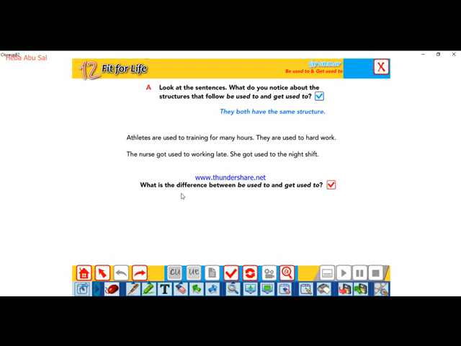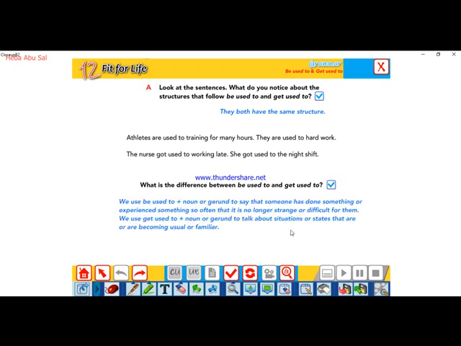Like, what about the meaning? So what is the difference between be used to and get used to? Let's see. Be used to is used to say that someone has done something or experienced something so often that it is no longer strange or difficult for them.